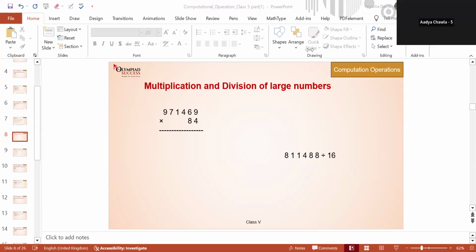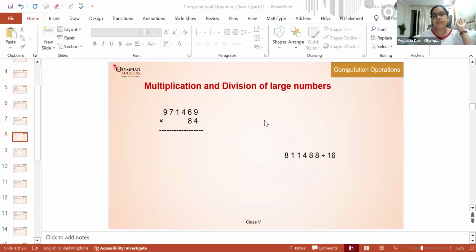For division, 6 into 4, you have not done? No, ma'am, I have done in my school. Okay, good then. Do it. And for division, we will do it by two methods. One is the fraction method and another one is the normal long division method. So first, let's do multiplication, and then after doing this slide, we all will go for a break.